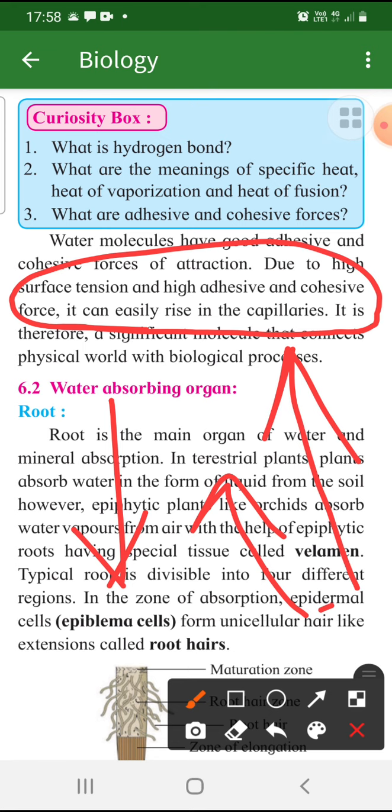Why it is happening? Because water has got high surface tension and high adhesive and cohesive force. ये एक important question है.